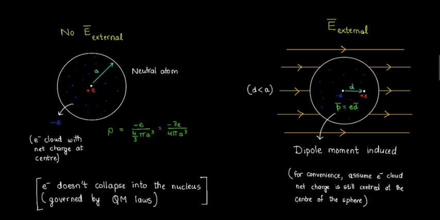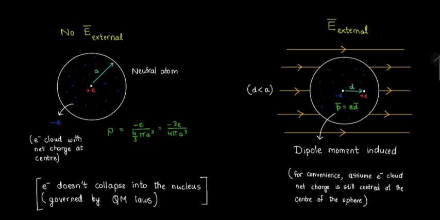Now let's suppose there is some external E applied, and let's say we place this atom in that applied electric field. Let's suppose the nucleus gets displaced by a distance of d from the center, because the electric field will cause this, right? Positive charges will go along the electric field and negative charges will go in the opposite direction.